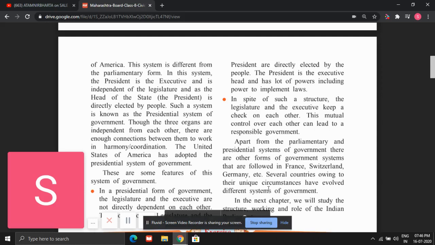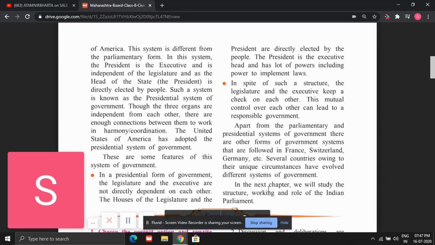Let us see some features of this system of government. First point: in a presidential form of government, the legislature and the executive are not directly dependent on each other. The legislature is different from the executive, and they both are independent of each other.